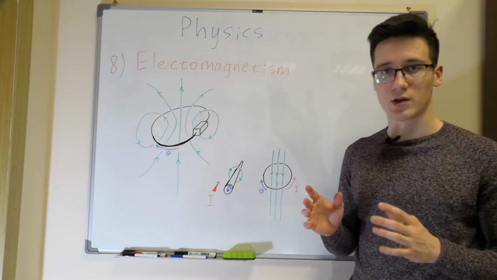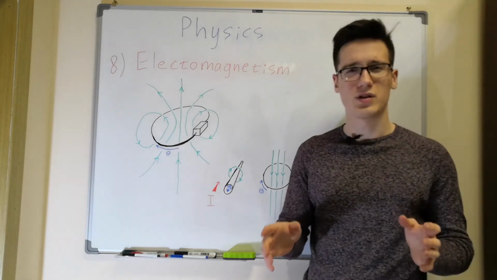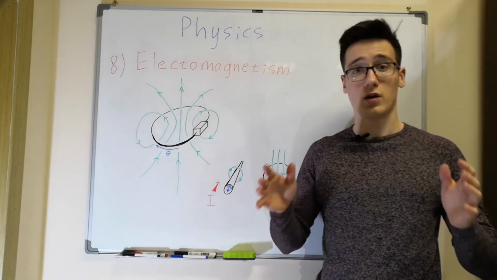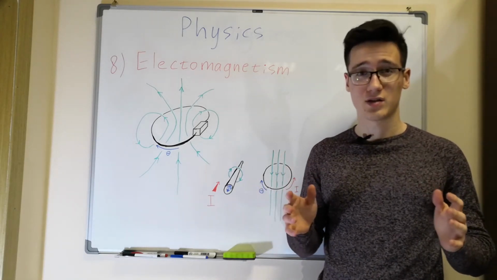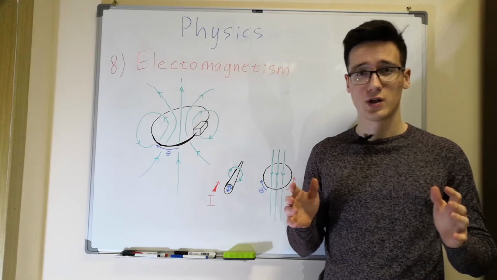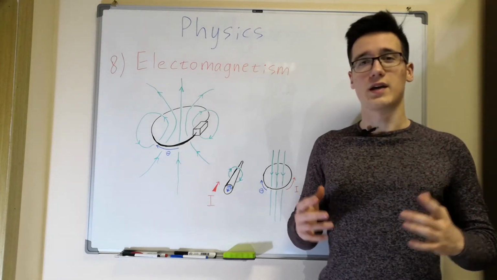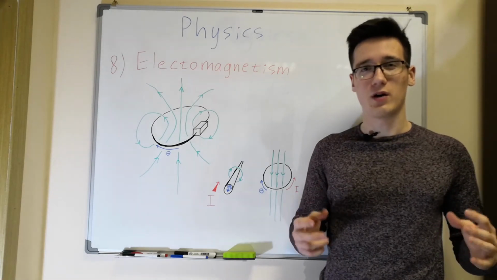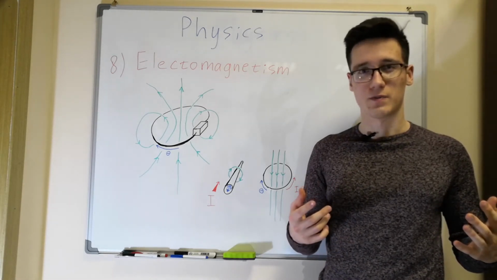So at this point, I gotta introduce you to the direction of current. So for historical reasons, the direction of current is actually the direction that the positive charges would move in a given wire under the given conditions.